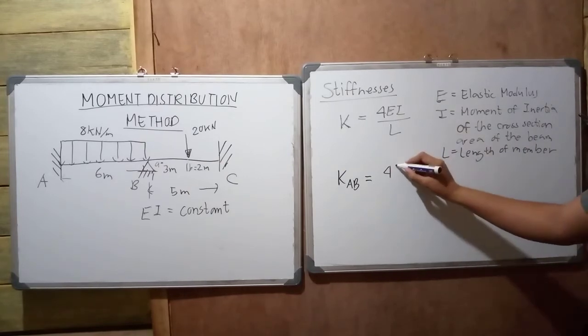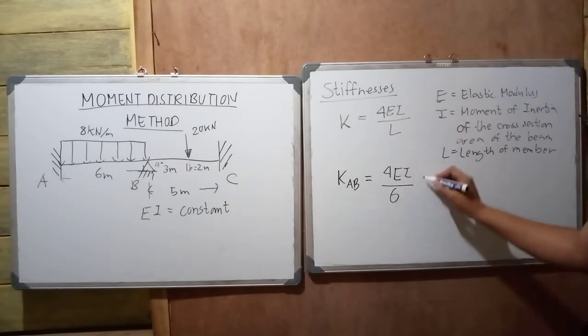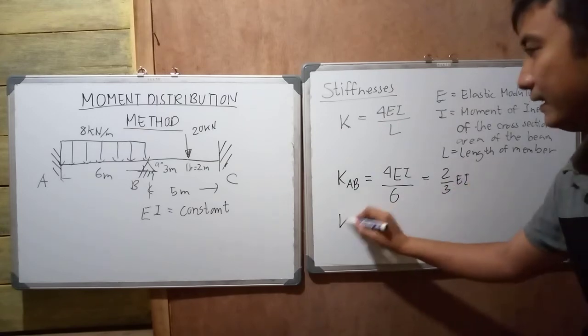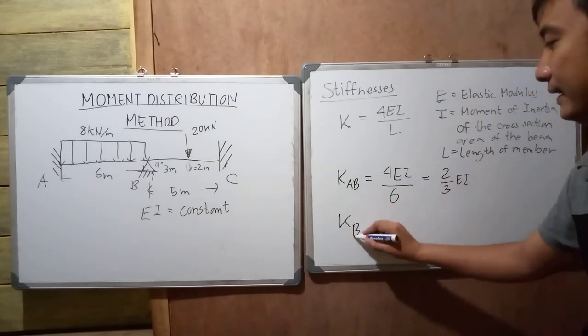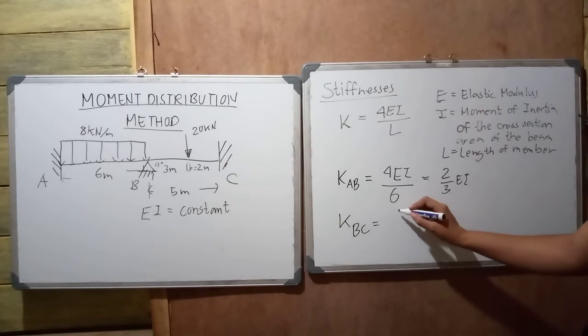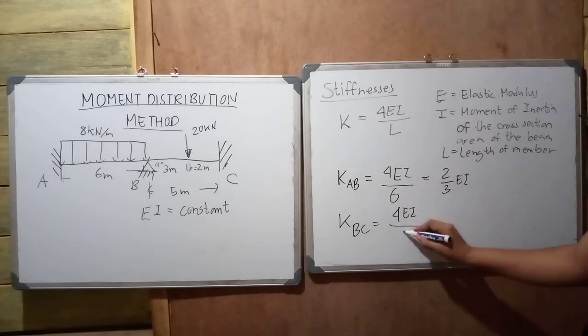So, for EI over the length, 6, therefore KAB is 2/3 EI. And then, KBC is equivalent to 4EI over 5.